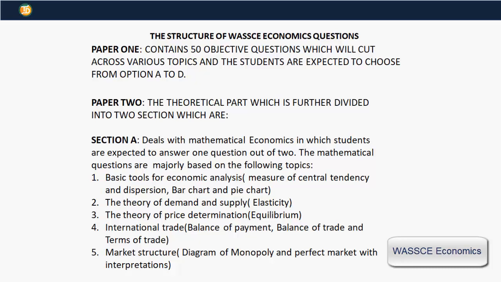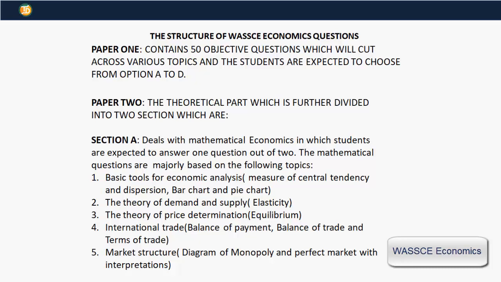Section A deals with mathematical economics, in which the students are expected to answer one question out of two. The mathematical questions are majorly based on the following topics. 1. Basic tools for economic analysis, which the students are to focus on measure of central tendency and dispersion, bar charts and pie charts. 2. Theory of demand and supply, in which the students are to focus on solving elasticity. 3.